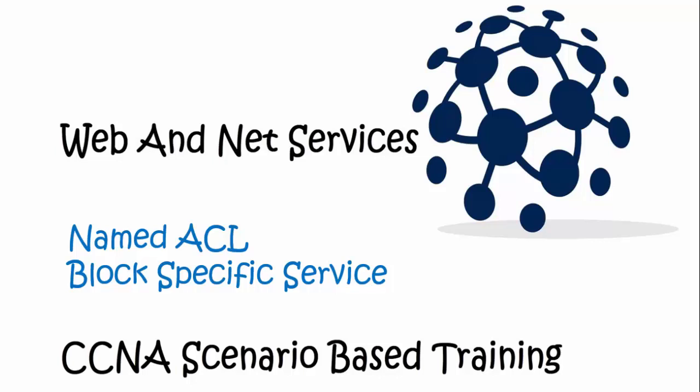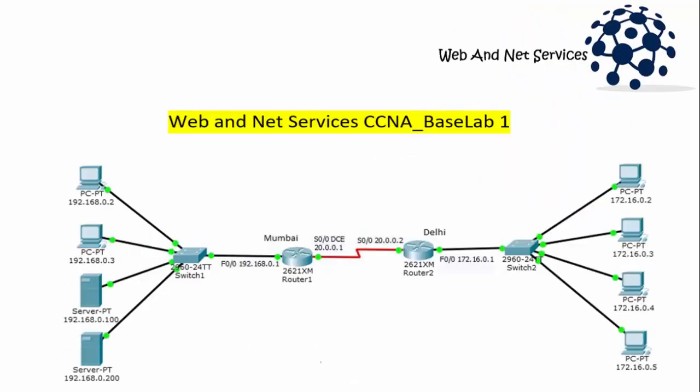We have the same scenario. Let me show you. Yes, so webman net services CCNA base lab 1. For the last 8 to 10 videos we are working on base lab 1. Like I told you earlier, we will be doing more and more labs. As we learn more topics, we will move to the advanced level. We did the basics of RIP, EIGRP and OSPF. Then we will move to the advanced level of EIGRP and OSPF.